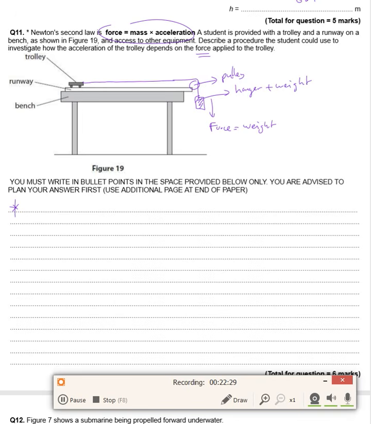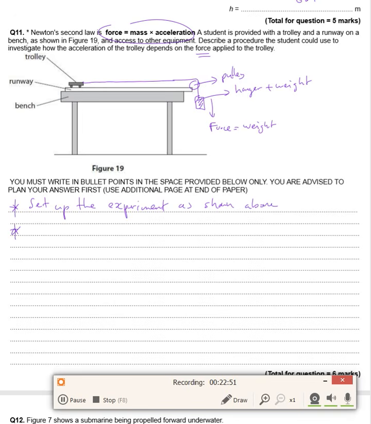Okay. So what I'll do is I'll say: set up the experiment as shown above. There we go. So this is shown above. Okay. Done.